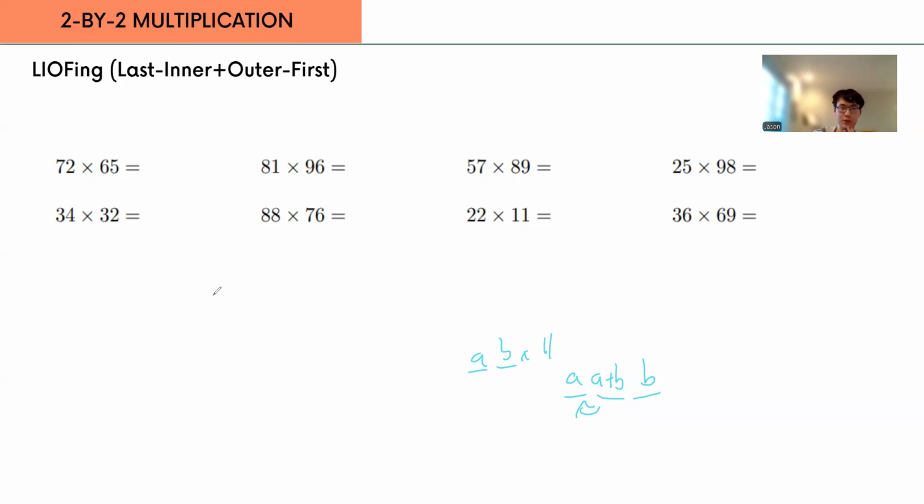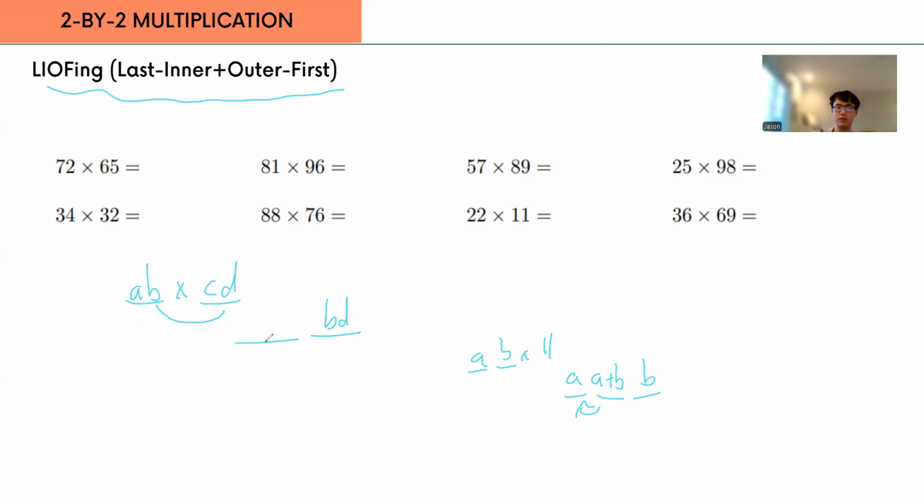Okay. So for those of you that were gone during the first couple minutes of class where I explained the technique, this gives you a general overview. If you have numbers AB times CD, two-digit numbers, the trick is you do B times D, and then you put BD here, and obviously you carry over if you have to.